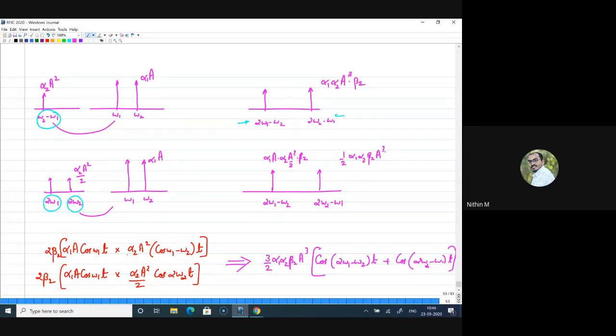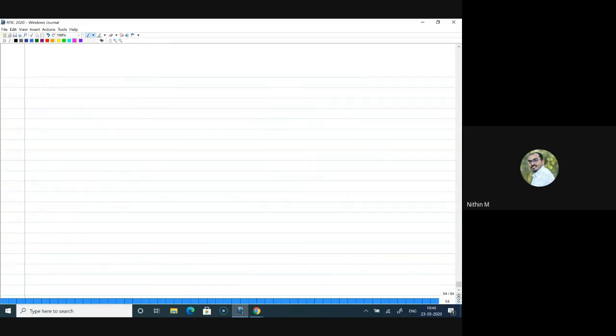So now, if I write the components together, just for clarity, at the output of second stage, what is y2 of t? y2 of t can be written as the fundamental term, which is alpha 1 beta 1 a cos omega 1 t plus alpha 1 beta 1 a cos omega 2 t. Probably this can be written together.